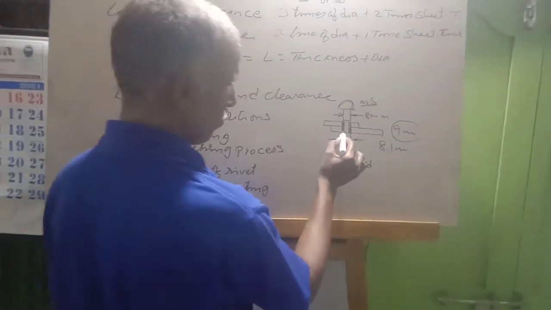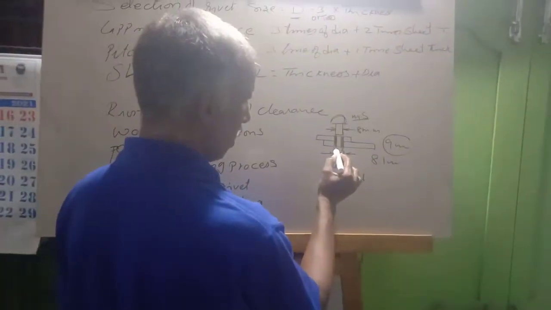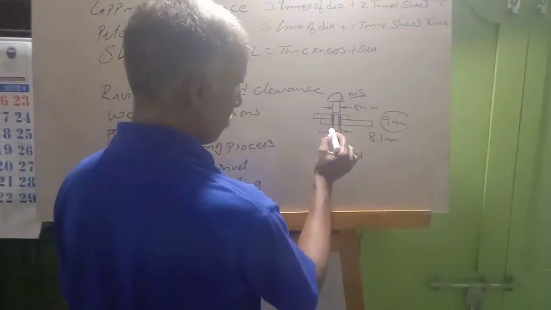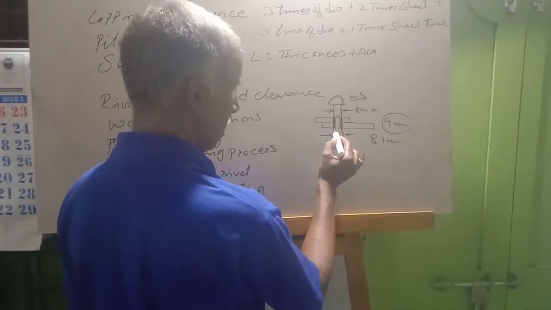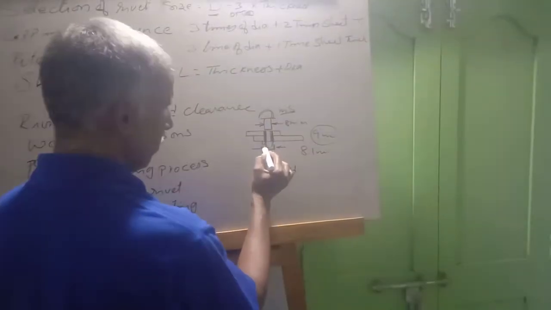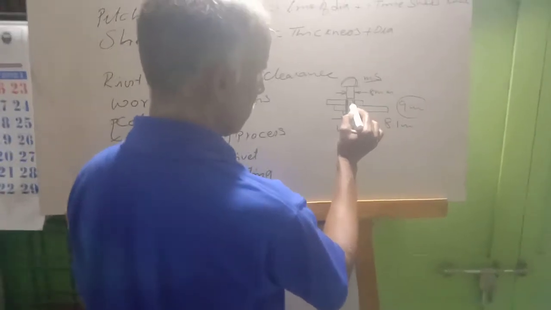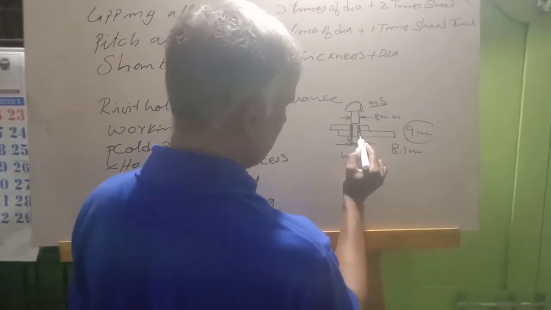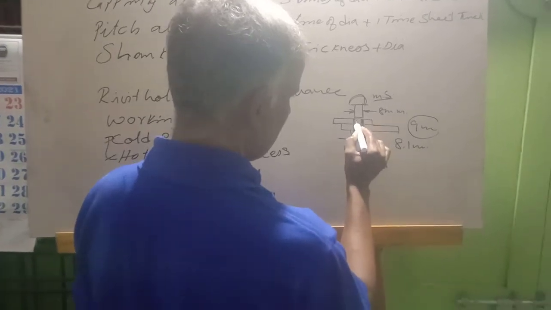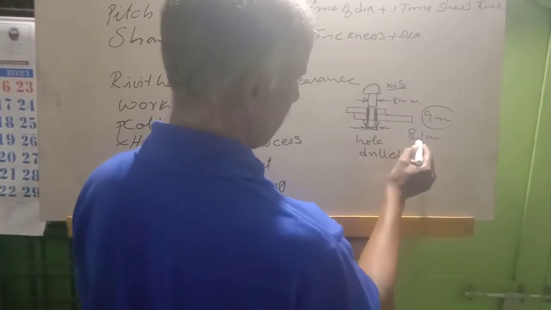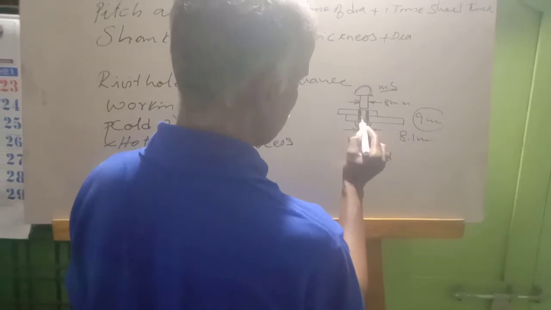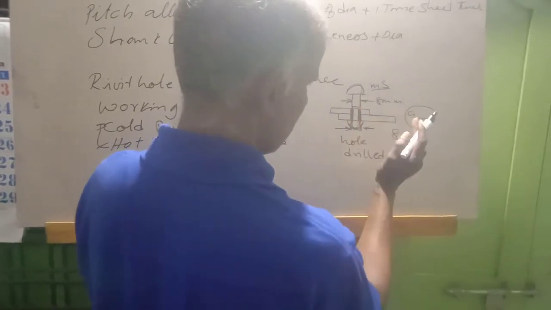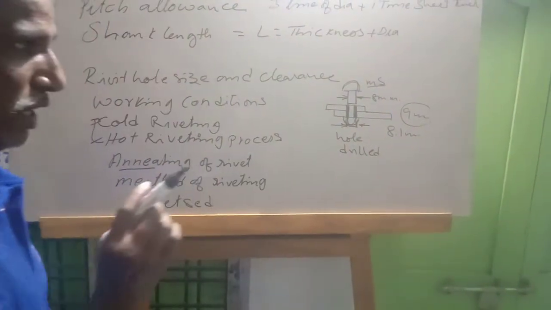When you want to form a head, because it does not have malleability, the head will not form properly because the metal is a little hard, and it will not fill the clearance either. When you hammer after 8.1 mm drilling, it will not expand due to the little hardness.